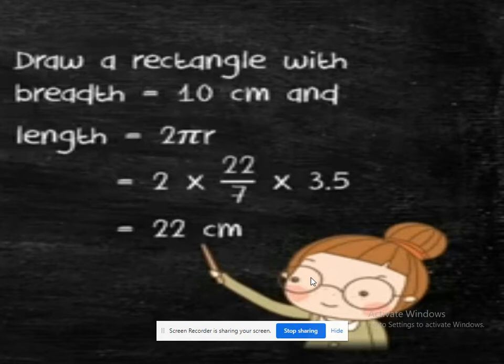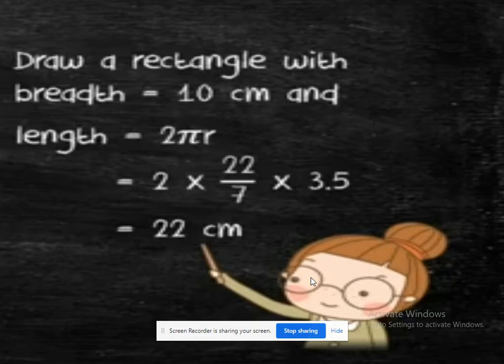Now first thing, take one A4, whichever you take, A3 sheet or A4 sheet. You need three sheets to perform this activity. Take the first sheet of paper, draw a rectangle on that with breadth 10 centimeter and length equal to circumference of the circle. What is formula for circumference of the circle? 2 pi r.